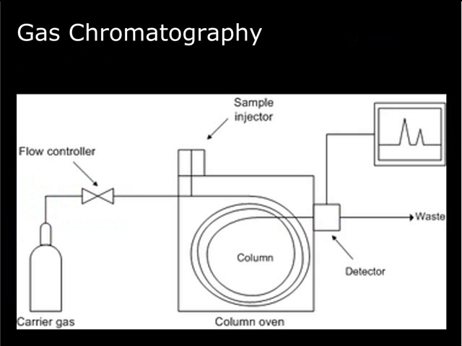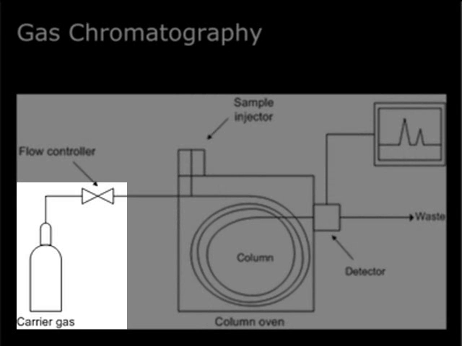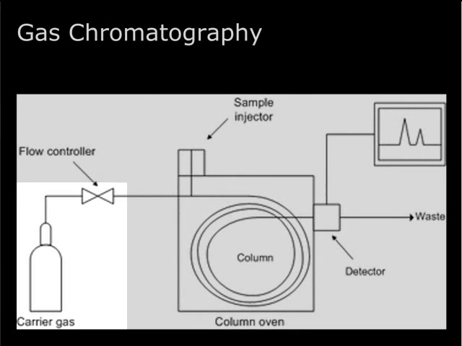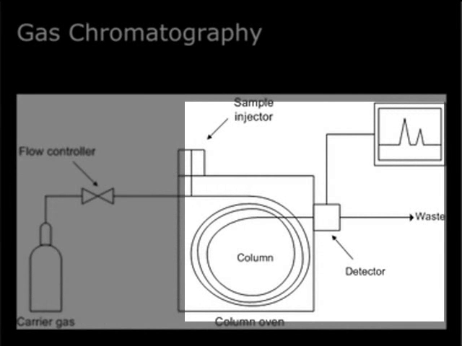Let's learn about some of the different types of chromatography. In gas chromatography, a gas separates the components and then they are ionized, and an electrical signal is recorded in the mobile phase.